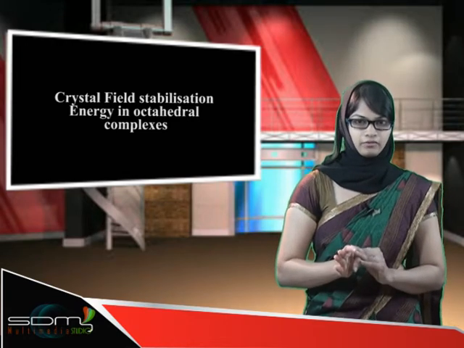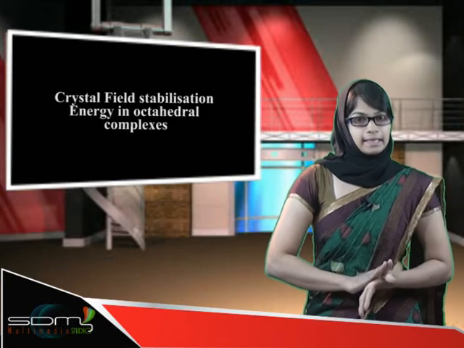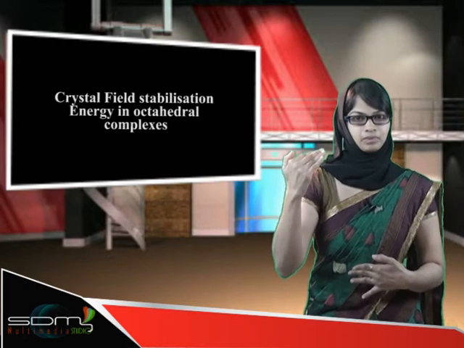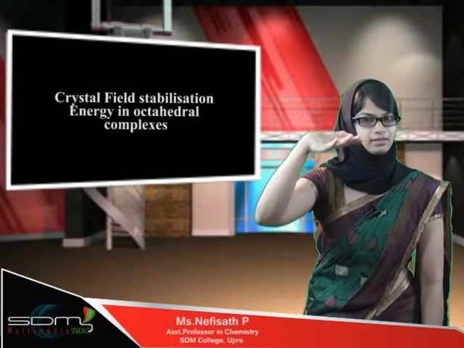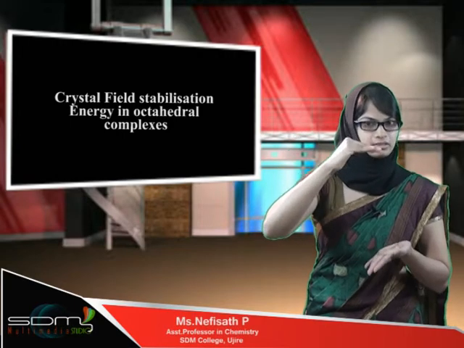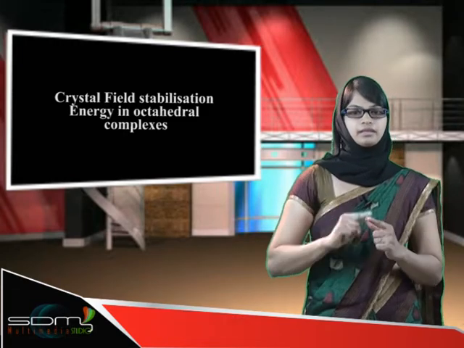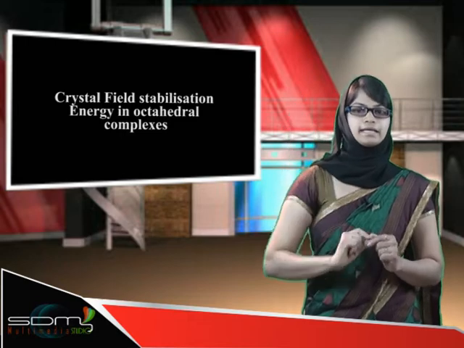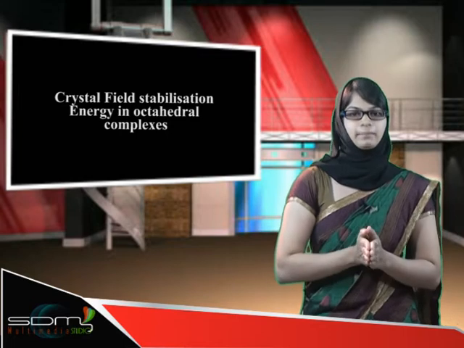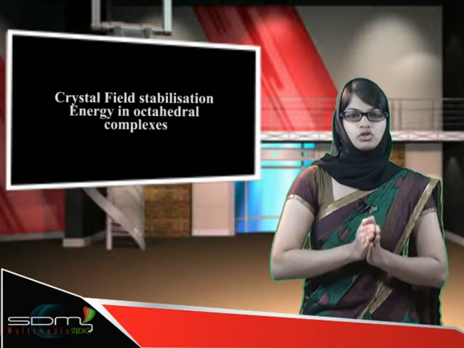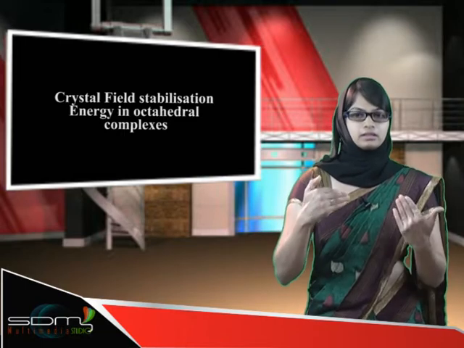Such cases will happen if the pairing energy is much higher than the crystal field splitting, or vice versa, that is, if the crystal field splitting is lesser and the pairing energy required for the pairing of the electrons is higher, then that electron moves to the eg orbital, say to the dx square y square.